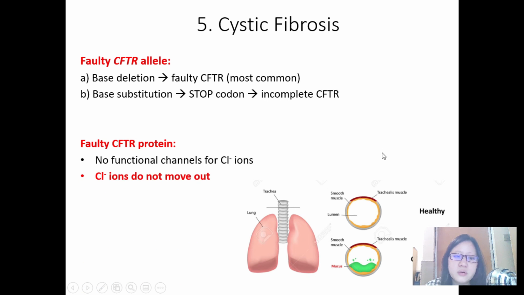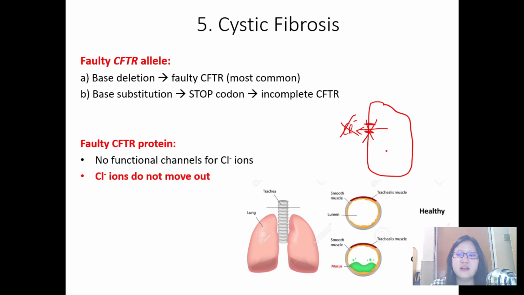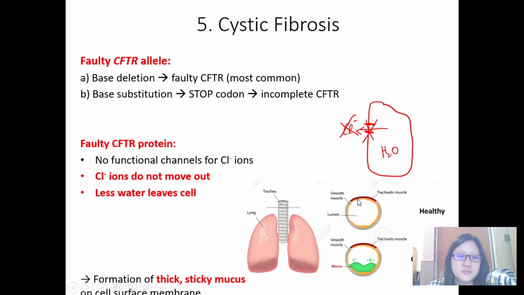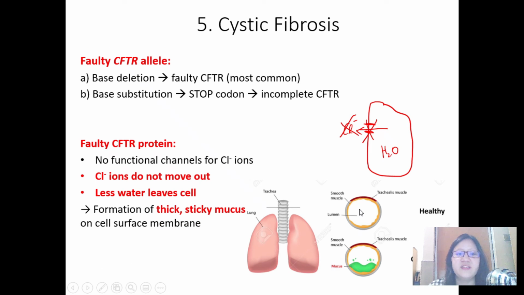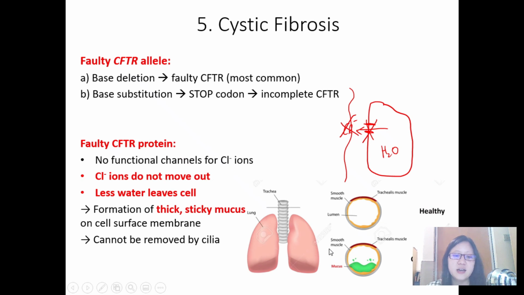Now, when it's problematic in this cell, these channels don't work anymore, so chloride ions don't move out anymore, and therefore H2O stays inside and doesn't diffuse out that much. So less water leaves cells, and therefore the mucus on the surface of these cells forms a thick, sticky consistency, and this causes problems because it cannot be removed by cilia that easily.